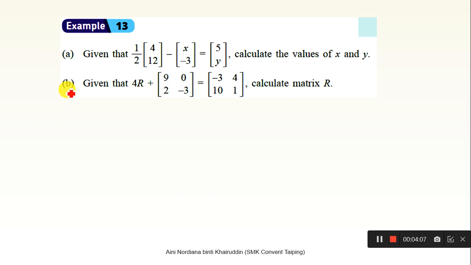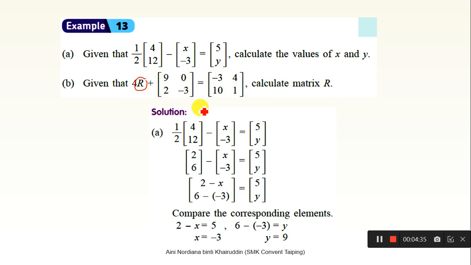So next, example 13. Given that 1 over 2 times matrix 4, 12 minus this matrix is equal to 5, 2. Calculate the value of x and y. Also, here is the question for B. R plus this matrix equals to this matrix. Calculate matrix R. So for A, this is the question.